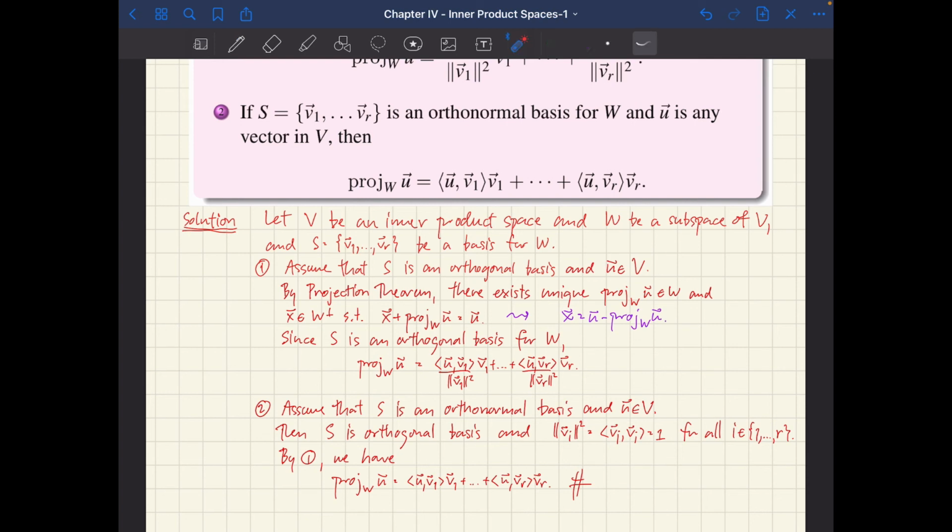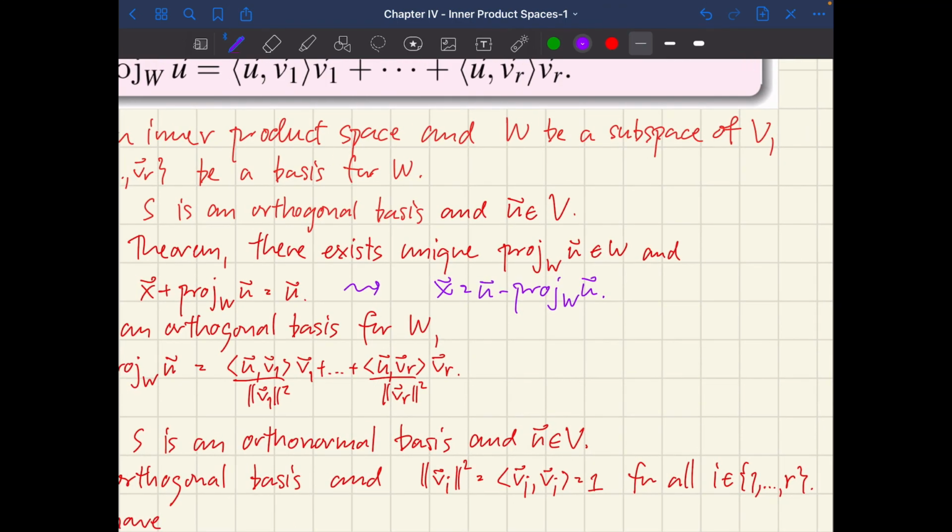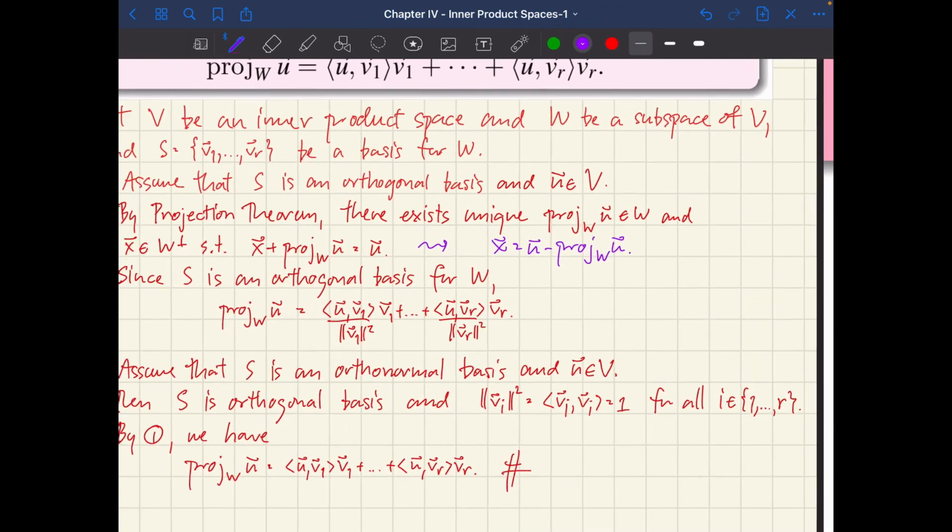What does it mean? It means that if we can find the projection of u on W, we can find the orthogonal complement of u by using u minus the projection of u on W. The formula is x equals u minus the projection of u on W.